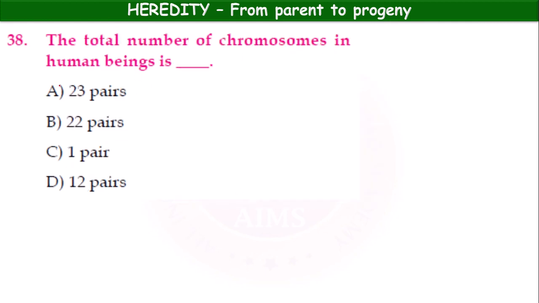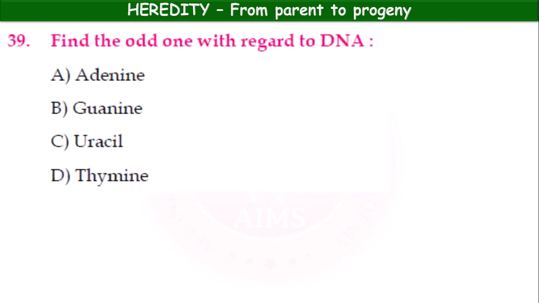The total number of chromosomes in human beings is 23 pairs, 22 pairs, 1 pair, 12 pairs. A. Find the odd one with regard to DNA: adenine, guanine, uracil. DNA means deoxyribonucleic acid.